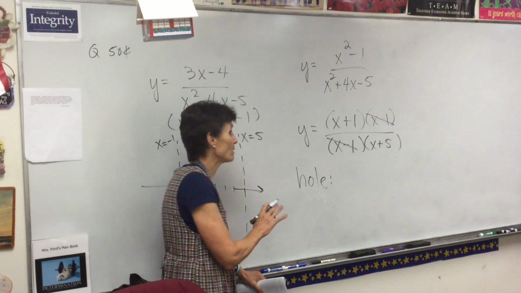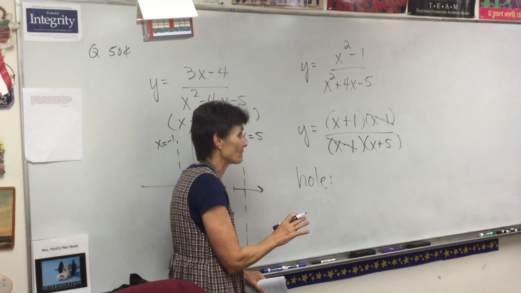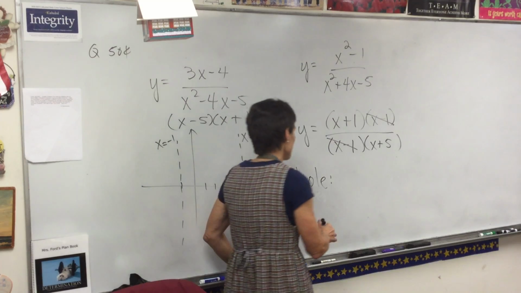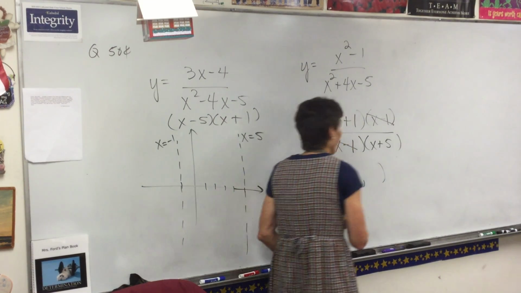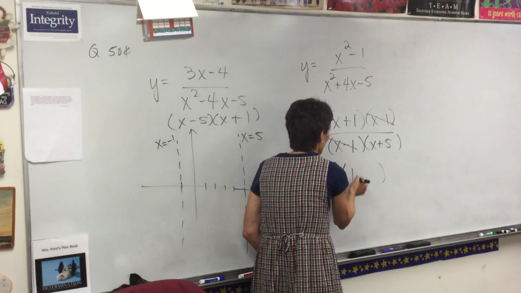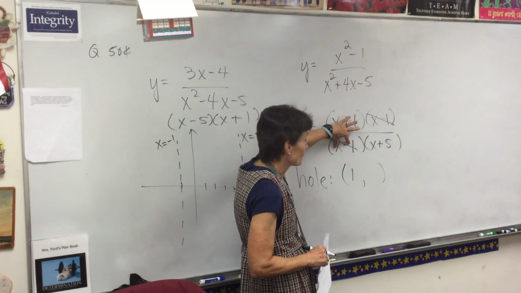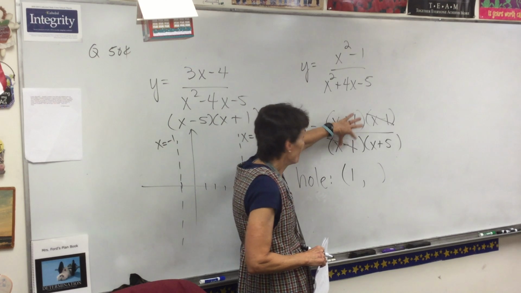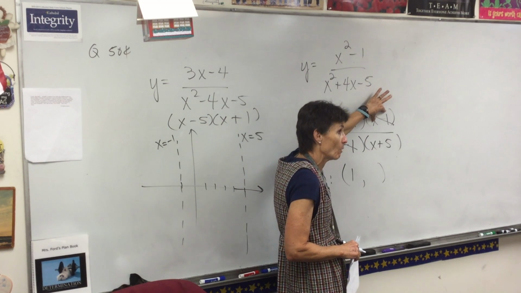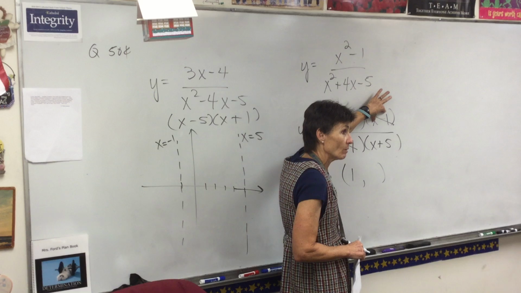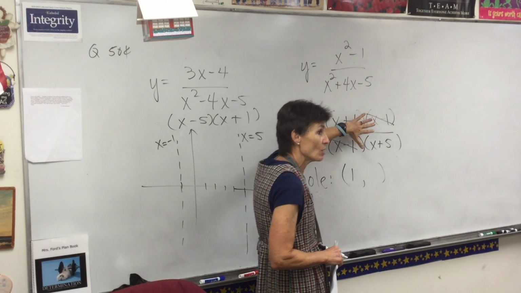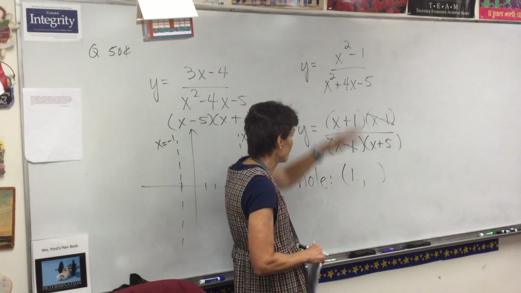Now, at this point, we're not graphing them, but I want you to know there is going to be a hole at the point where x is 1. If you put a 1 in here, you get 0, but that 0 cancels out with this 0. So it's not an asymptote, it's gone from the problem.